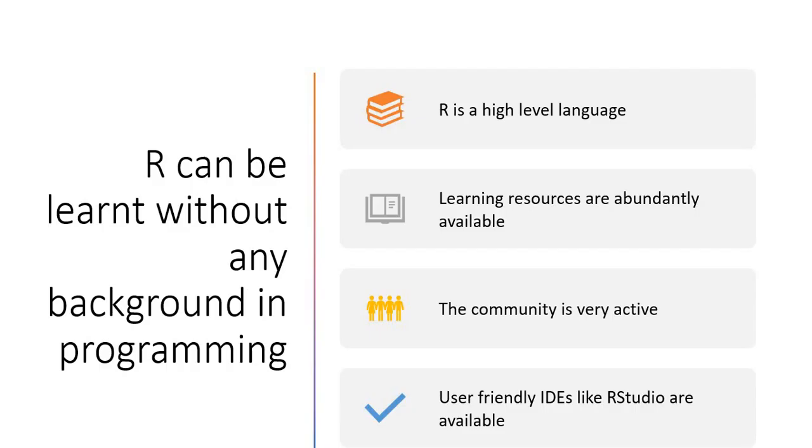But R is not that difficult to learn actually, because it can be learned without any background in programming. Why? Because first, it is a high level language. By high level language we mean that it is a language that is close to human language as compared to machine language.